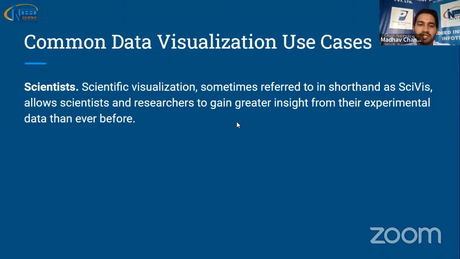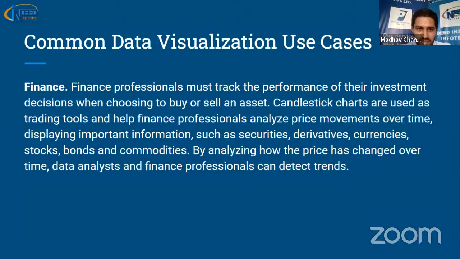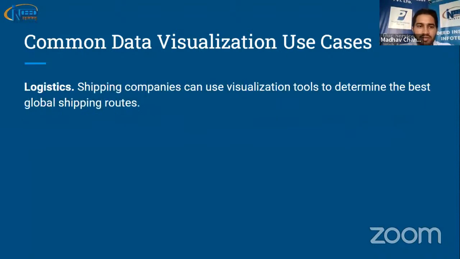Based on those insights, it is easier for a new invention to be developed. Then we have finance, which, similar to sales and marketing, is related to the same aspect.